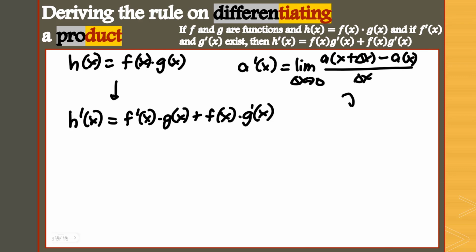Or other references use this: a prime of x is the limit, instead of increment or delta x, you use h for easier manipulation of variables, as h approaches 0. They're just the same.